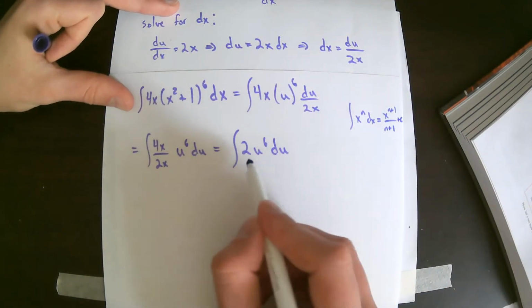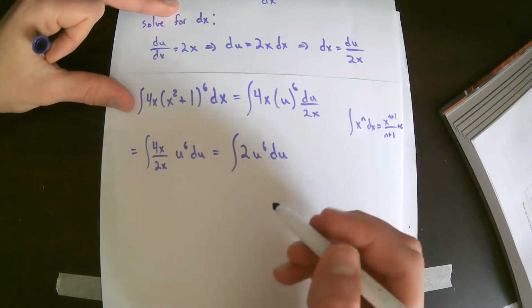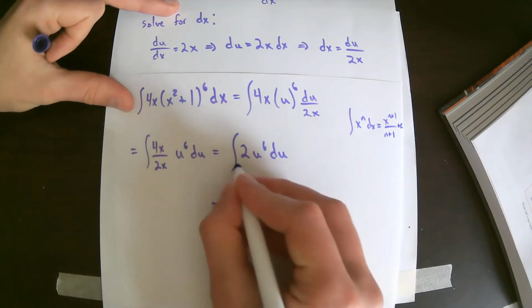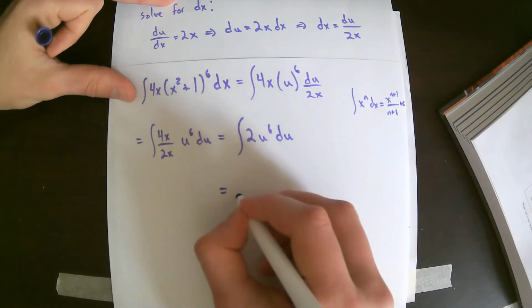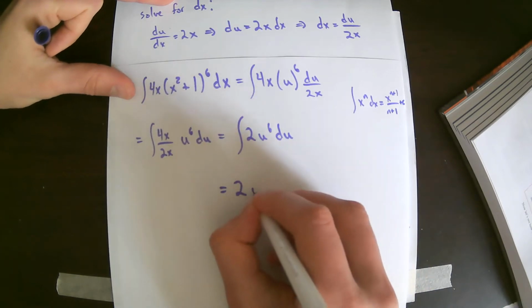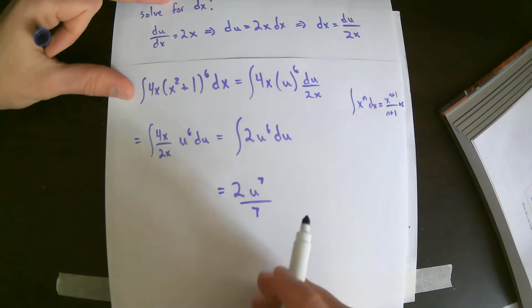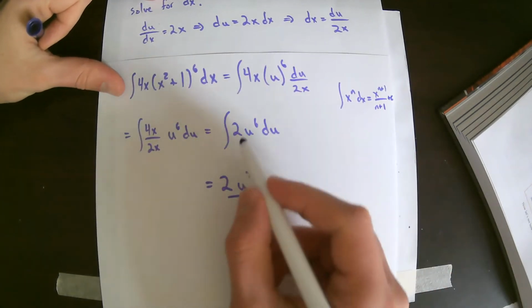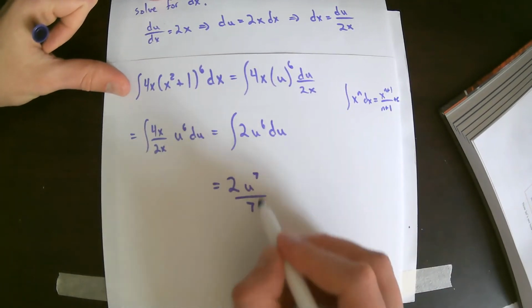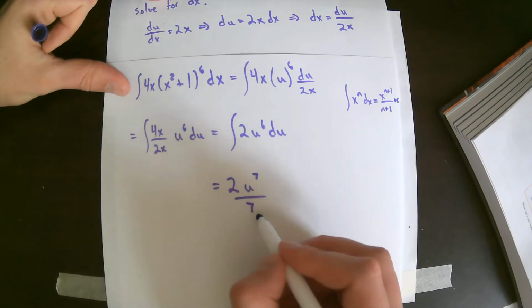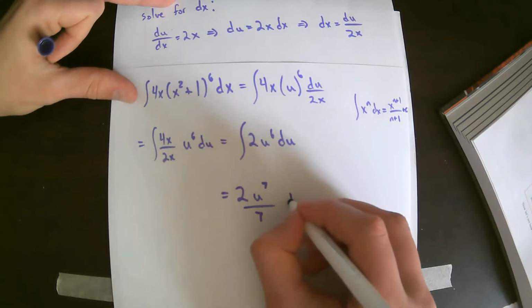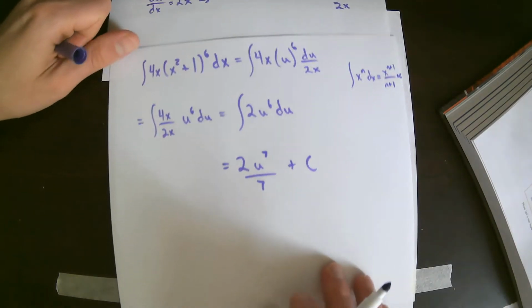And this is the same thing, it's just a u instead of an x, and that's fine. This 2 is just going to get carried along, so it's going to be 2 times u to the 7th over 7. Remember how the power rule works for integration: you increase the power by 1 and then divide by that new exponent, and then plus your constant of integration.